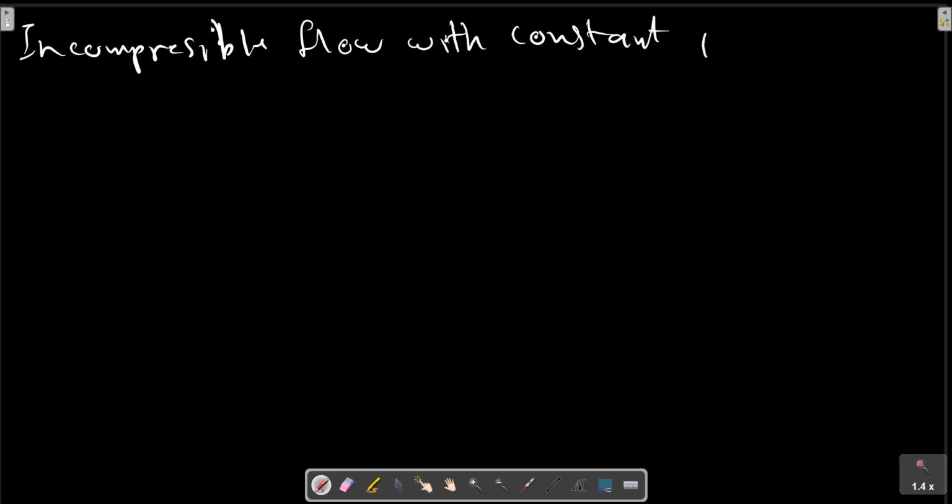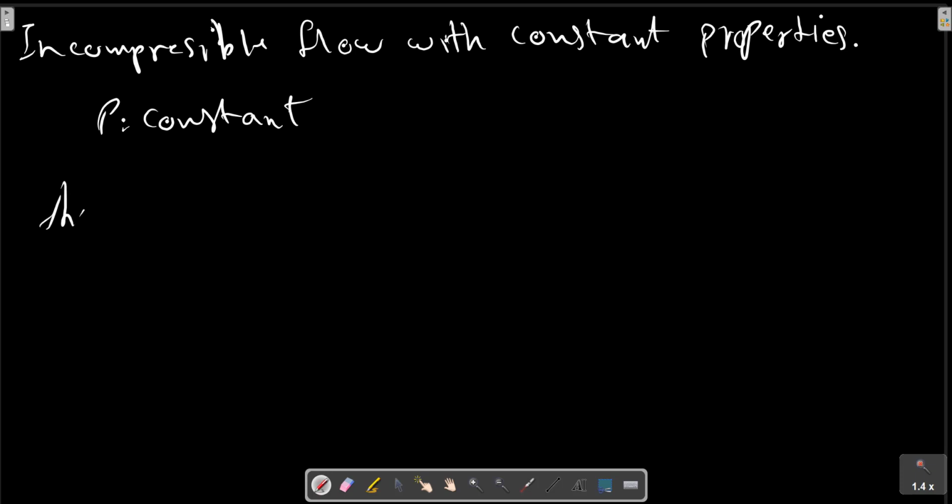So in incompressible flow with constant properties, rho is constant, as we said before, and there are only three unknowns: P, V, and T. The system is closed.